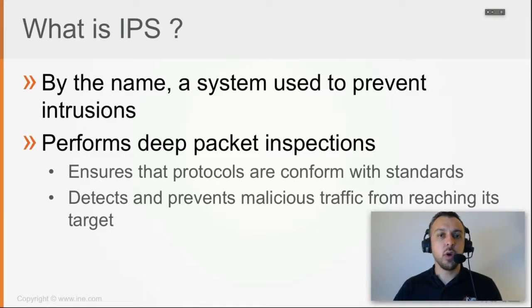So you have to make sure that the web traffic is per the standards, is not some kind of non-standard web traffic in there from the protocol point of view and from the application tunneling point of view.